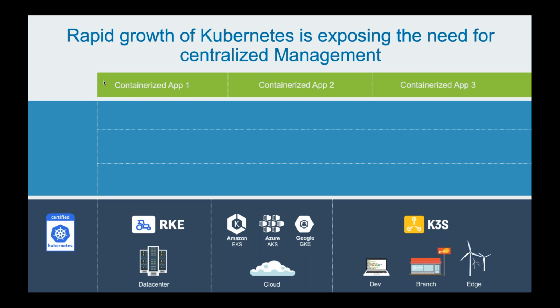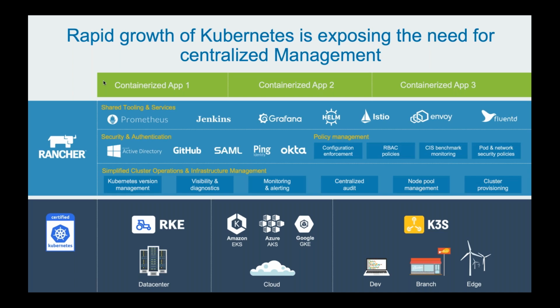But as we've seen businesses moving towards resource-constrained environments, whether that's a developer laptop, which as powerful as laptops are, technically you're still doing other things with it, or branch offices or edge environments, we created a lightweight distribution of Kubernetes called K3S. This is still 100% upstream Kubernetes, but it fits the entire Kubernetes software into 512 megabytes of RAM. So it's great for running on ARM hardware, on really anything where you need something lightweight and fast.